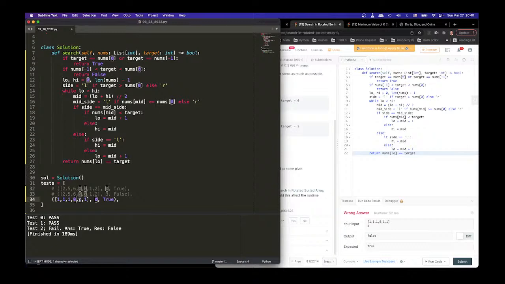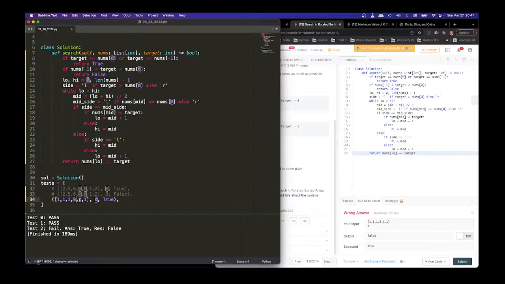But what I know is, a more definitive way to figure out where it is, if we give it a certain position, is to compare the mid to the left and the mid to the right.